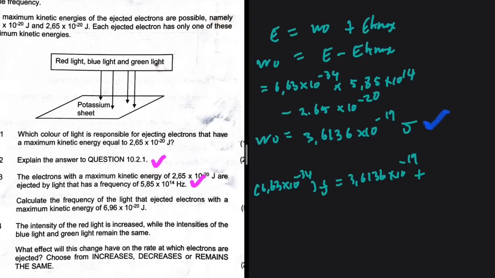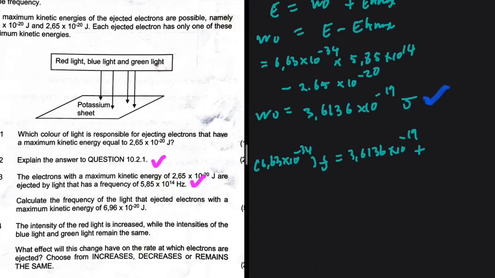So the EK max here is 6.96 times 10 to the minus 20. So 6.63 times 10 to the minus 34 multiplied by the frequency is going to be equal to 3.6136 times 10 to the minus 19 plus 6.96 times 10 to the minus 20.